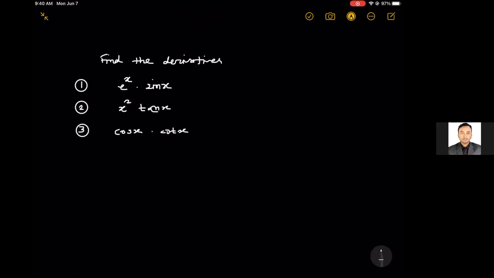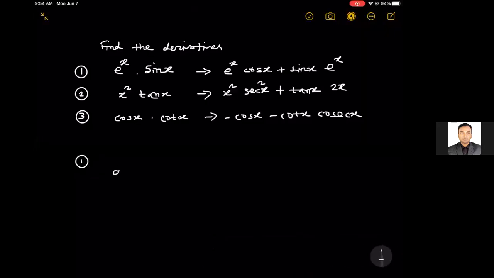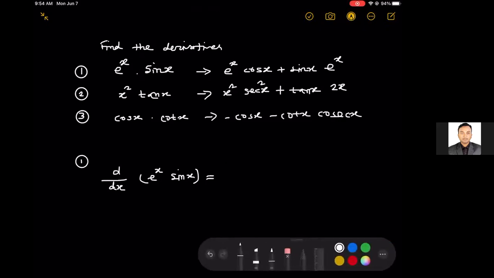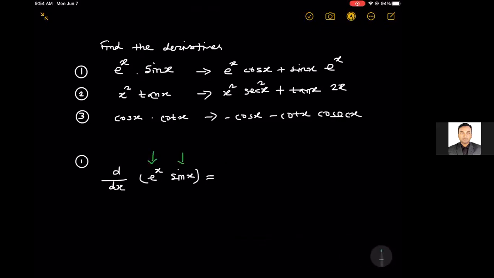Yeah. So the derivative of e to the x sine x, you can clearly see we need to use the product rule, right? Because we have two different functions multiplied to each other. So you can actually use the product rule. Do you agree?